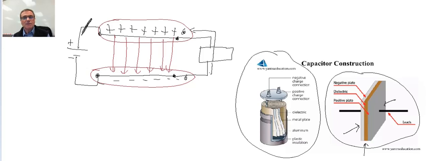On the left-hand side, what we see is the actual construction of a capacitor. As we'll also find in a few minutes, the area of our plates makes a big difference to the capacitance of our device. The larger the area, the more capacitance.